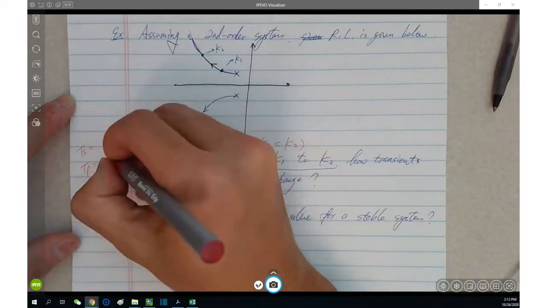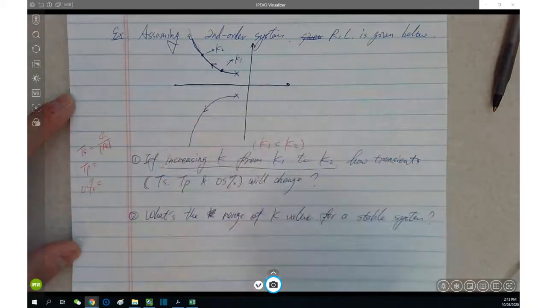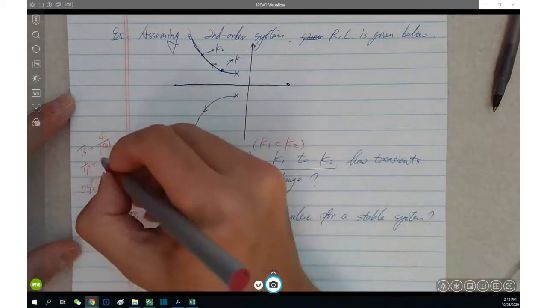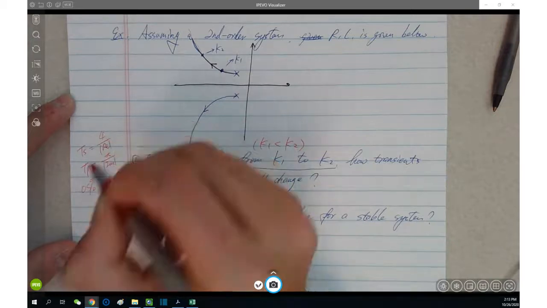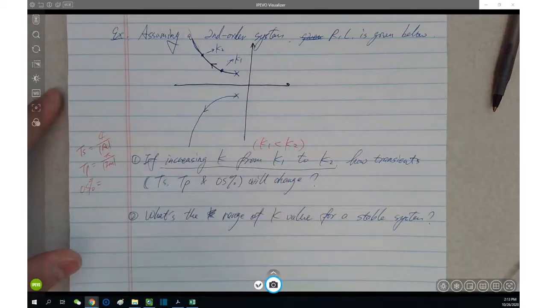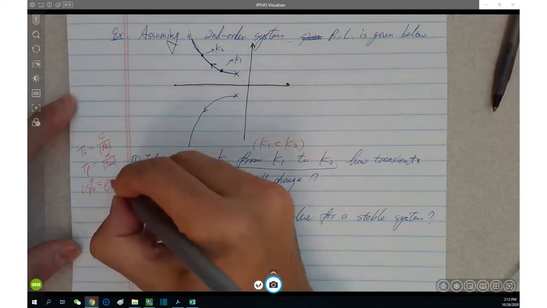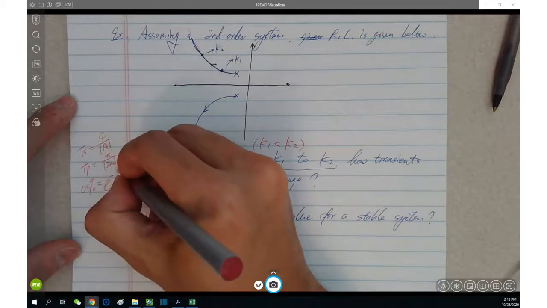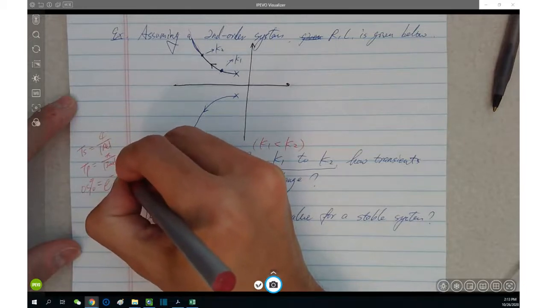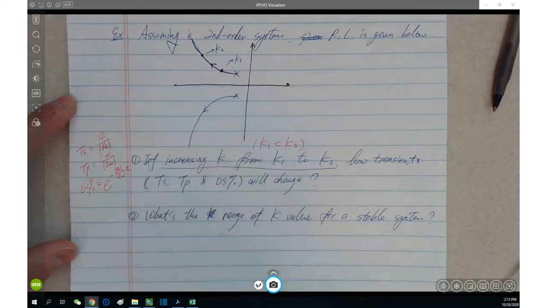TS equals 4 over the magnitude of the real part. TP equals pi over the magnitude of the imaginary part of the pole. Overshoot is a little bit tricky: it's the exponential of negative real over imaginary, times pi.